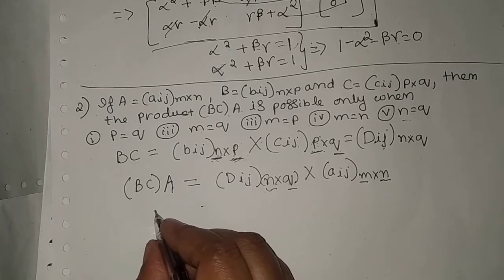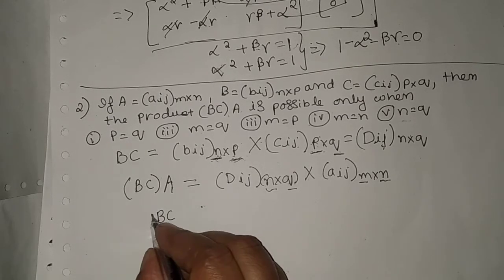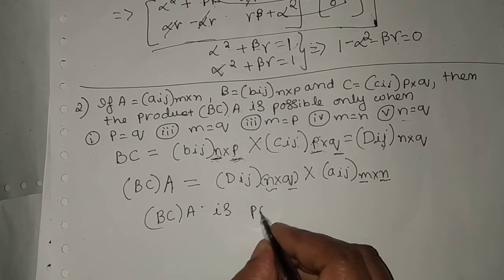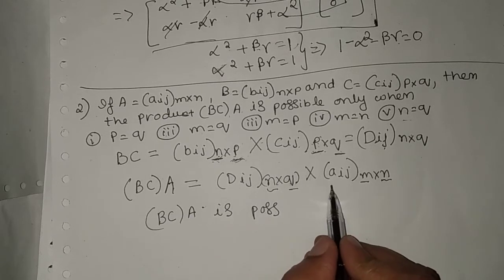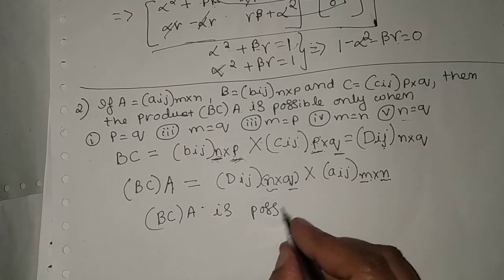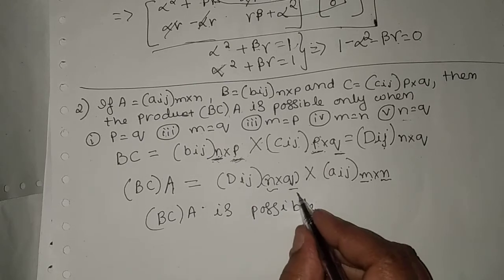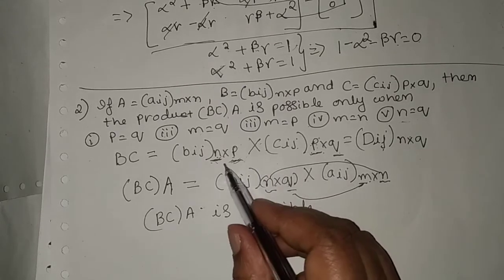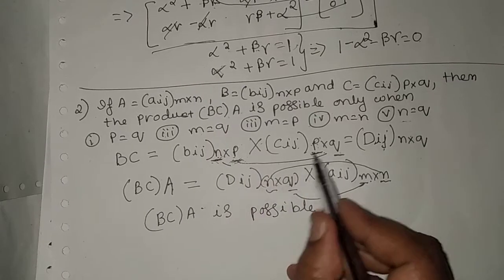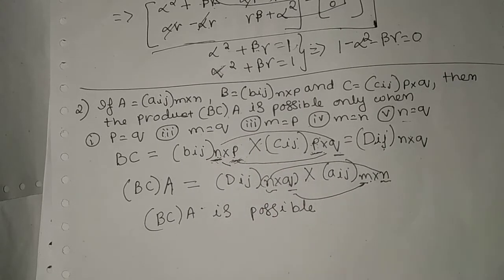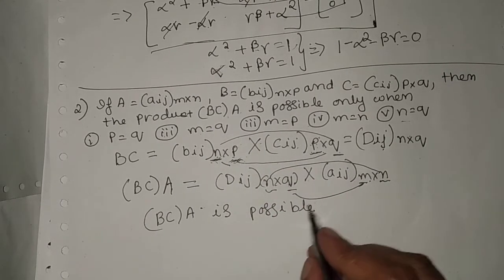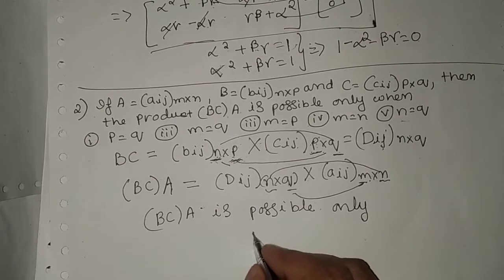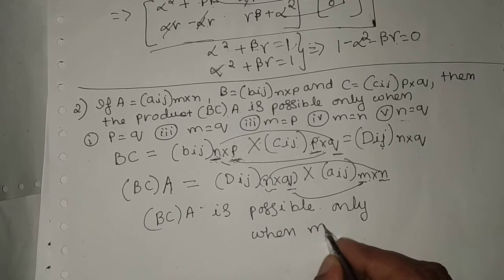So hence finally BC into A is possible only when m is equal to q. These two are common and these two we have to write. So BCA is possible only when m is equal to q.